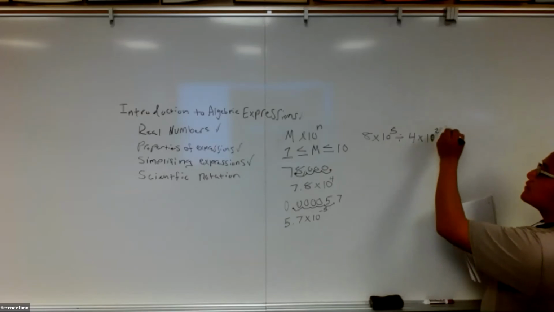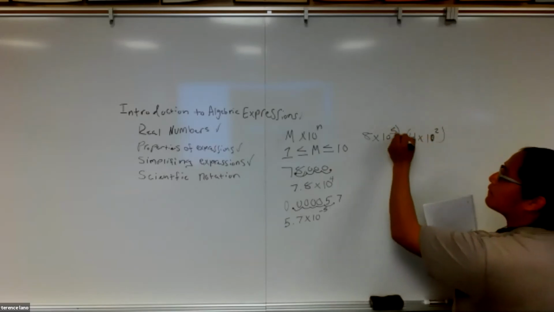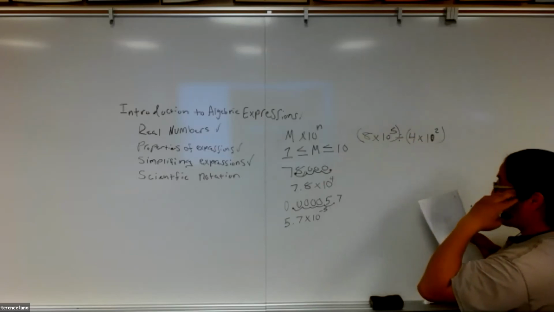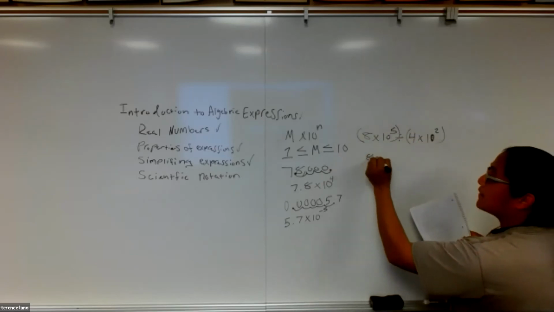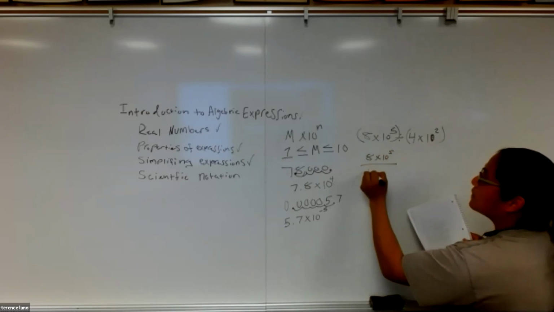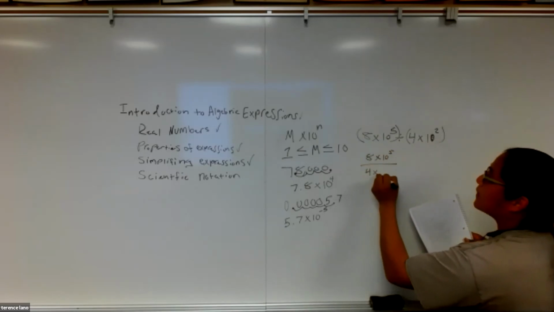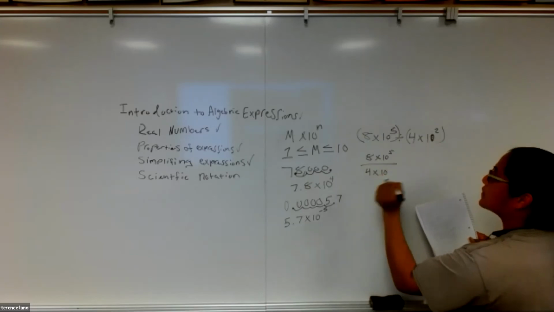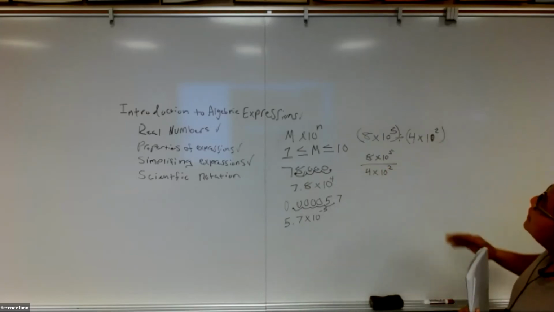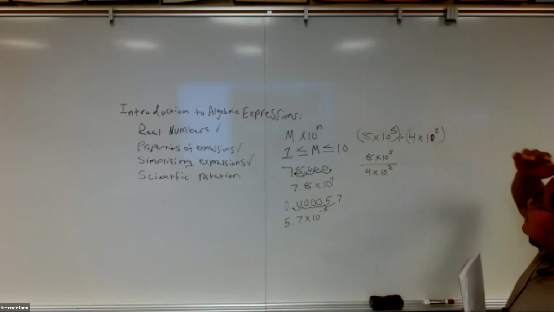Another way to write this would be 8 times 10 to the 5th over 4 times 10 squared. And then from here, you can separate them.